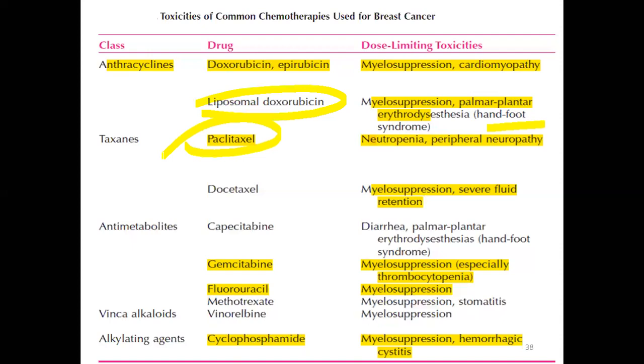When you say taxane, expect hypersensitivity and neutropenia, myelosuppression. Docetaxel, mostly fluid retention. Then the anti-metabolite capecitabine, diarrhea and hand-foot syndrome are very common, and cyclophosphamide, expect hemorrhagic cystitis. So when you get time, read about the special, unique dose-limiting toxicities of some of these classes of drugs.